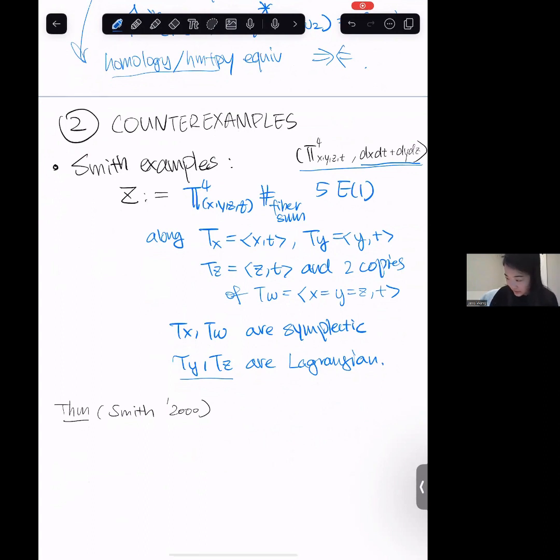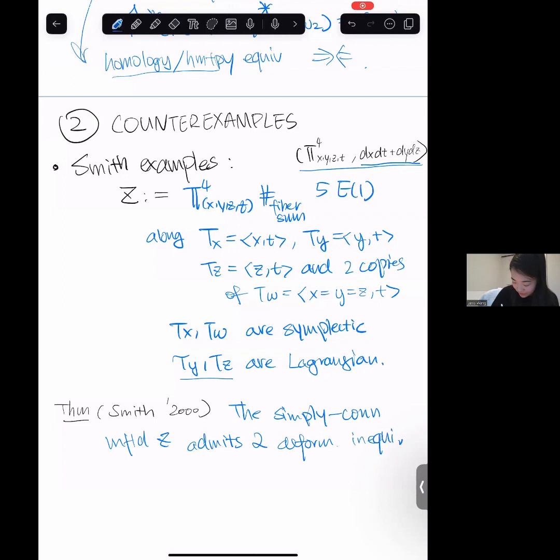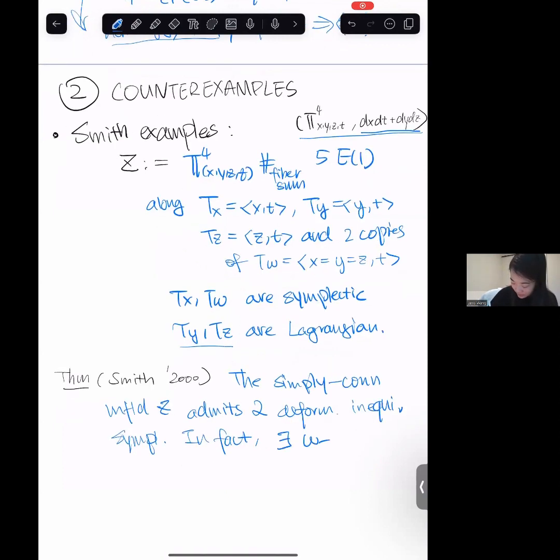So his result says the simply connected manifold Z admits two deformation inequivalent symplectic structures. In fact, there are omega plus and omega minus on Z, such that 3 divides one of the first Chern classes, but not the other.